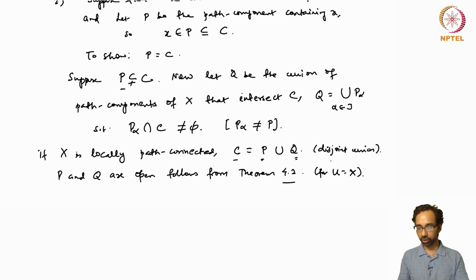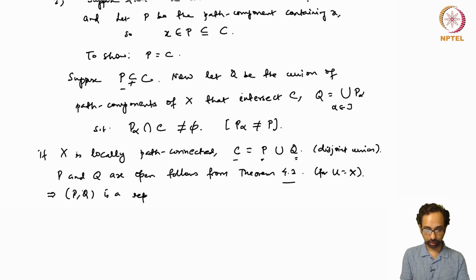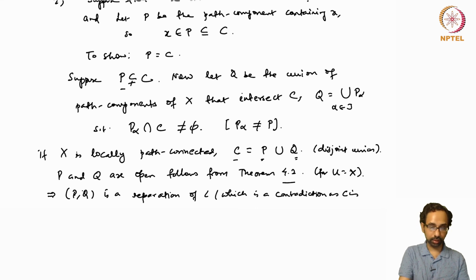So we have a disjoint union of non-empty open sets, and this is a contradiction. We say that P, Q is a separation of C, which is a contradiction since C is connected.